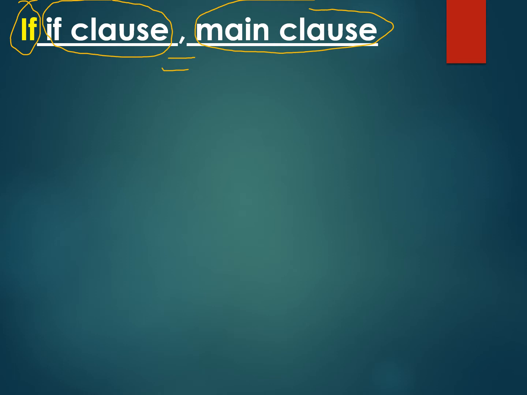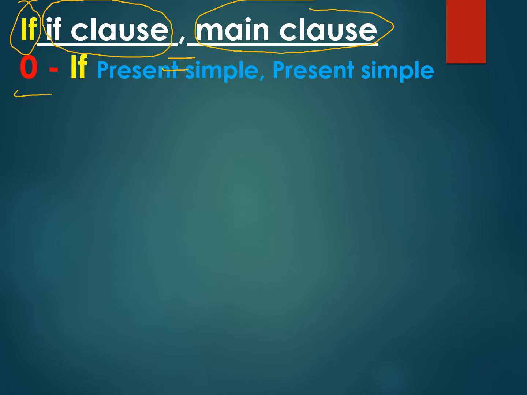So the if conditional consists of three parts: the word if, then the if clause, and the main clause, okay. How many types of if do we have? We have four types of if. The first type is called the zero conditional. Zero conditional. It consists of if and the if clause and the main clause.